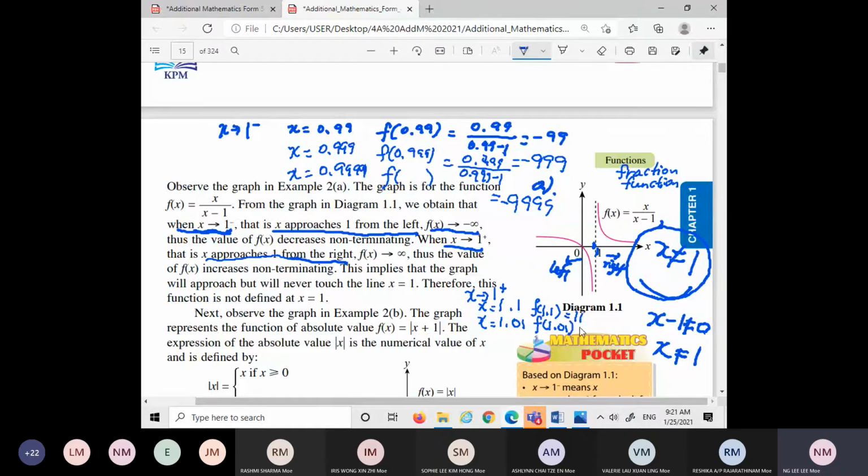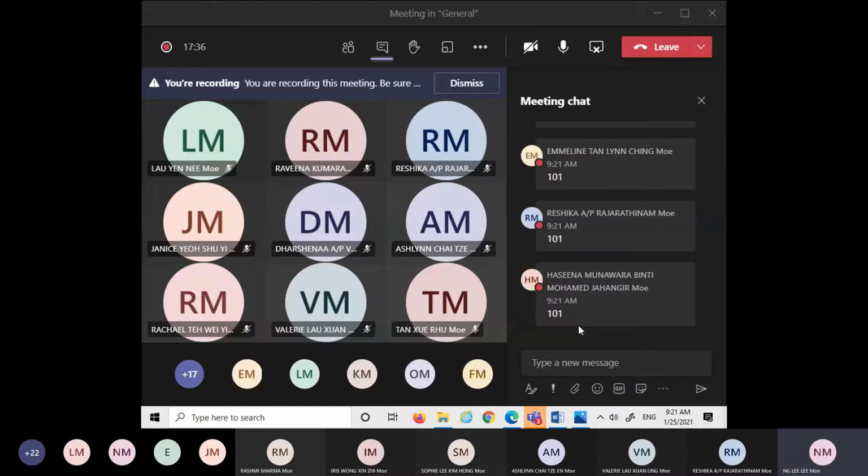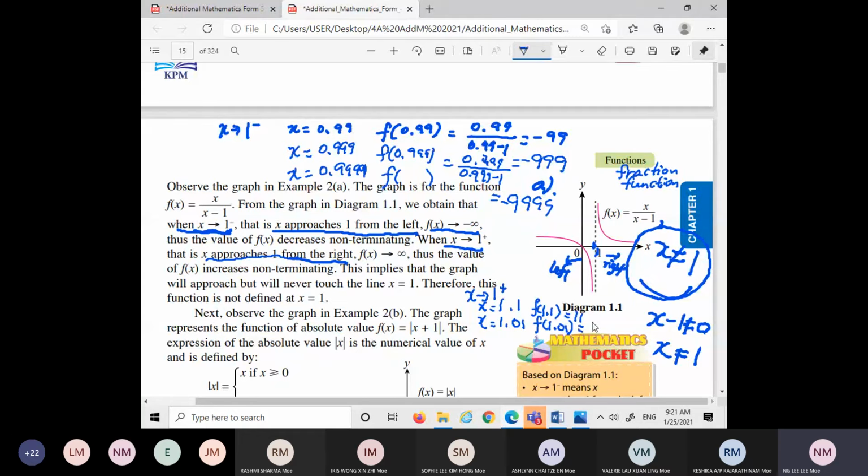Okay, come on. Now you calculate and let me know what's the answer for 1.01. Someone told me already. Okay, I want one more. 1.001.